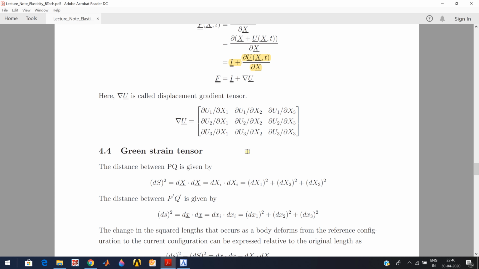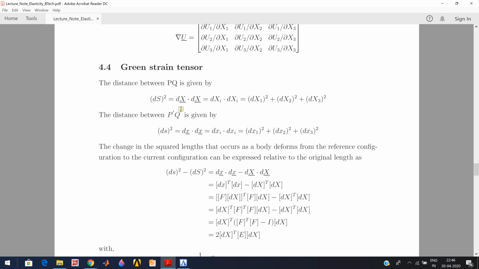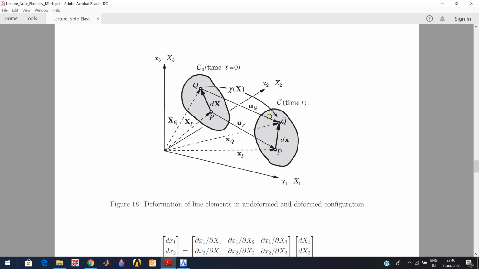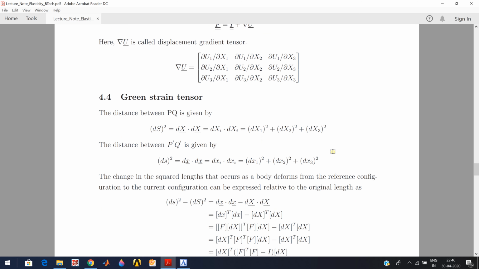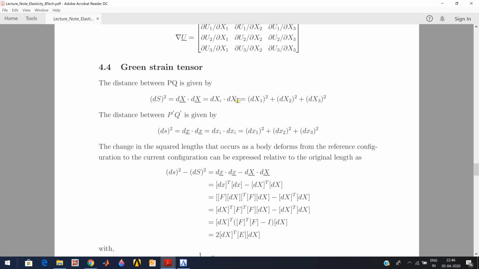Now we'll define what the Green strain tensor is. Again, we can refer to that same picture which we have already shown, denoting these two line elements P, Q, and then P prime, Q prime. Now if we try to see what is happening to the length of these line elements, from there we can get a definition of this Green strain tensor.